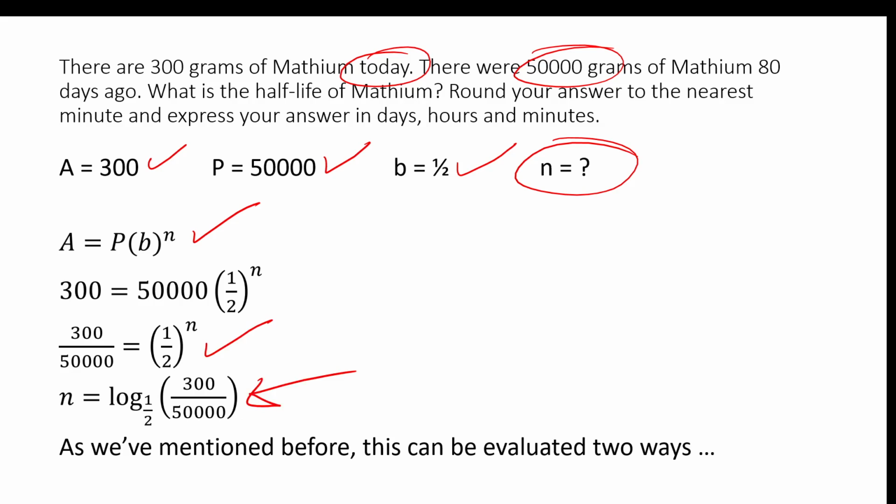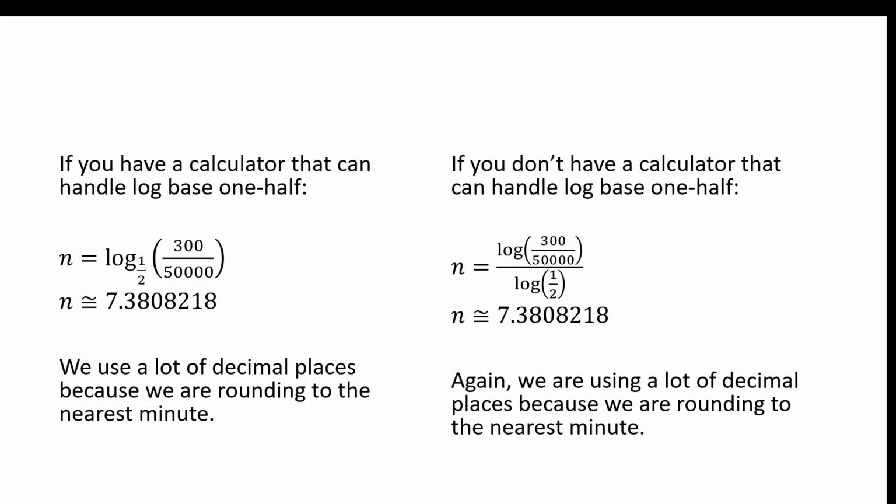Now we can evaluate that two ways. If we have a calculator that's pretty fancy that can handle log base 1/2, we can simply press those numbers in like that. And n is roughly 7.3808218. If we have a cheaper calculator that doesn't quite do that, then we can simply say it's the log of 300 over 50,000 divided by the log of 1/2, which again is roughly 7.3808218.